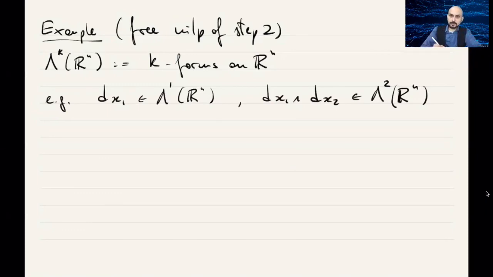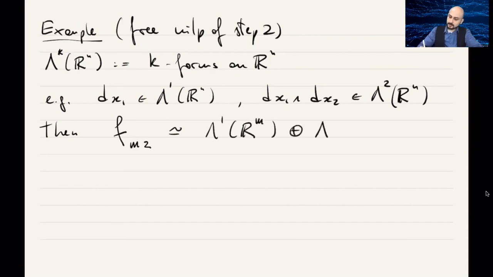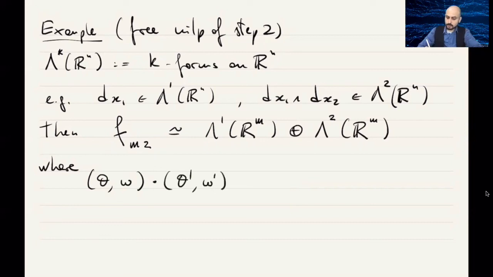With these forms, we can say that the free nilpotent Lie algebra of rank m in step 2 is isomorphic to the direct sum of the 1-forms on Rm plus the 2-forms on Rm, where the product is, if I take a 1-form and a 2-form, and take the product with another 1-form and another 2-form, this is theta plus theta prime, omega plus omega prime, plus theta wedge theta prime, which now is a 2-form.